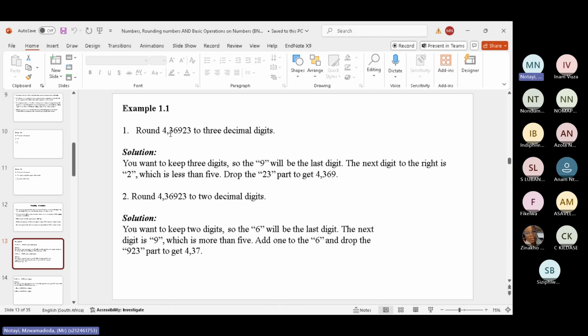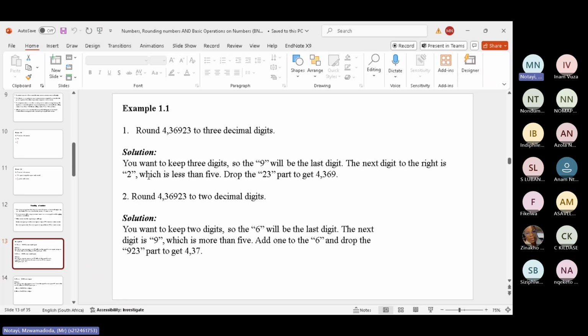We're asked to round to 3 decimals. So the 9 is the third decimal, so we want to keep 9. The next digit to the right, the one that comes immediately after 9, is 2.